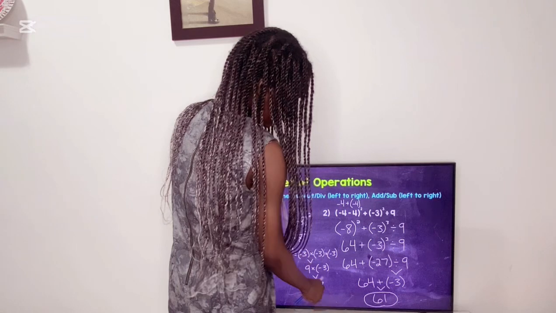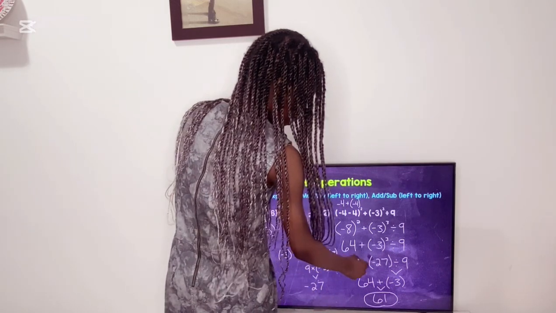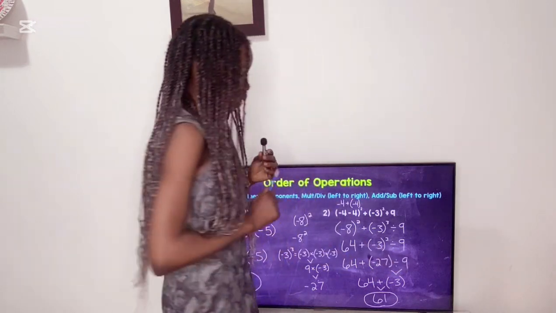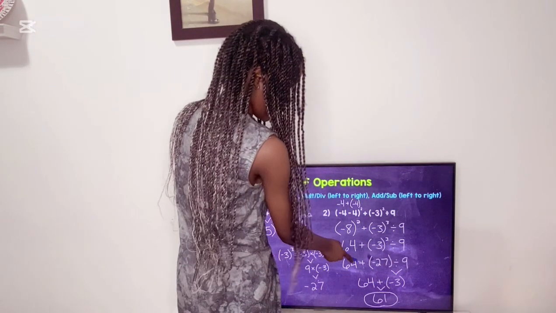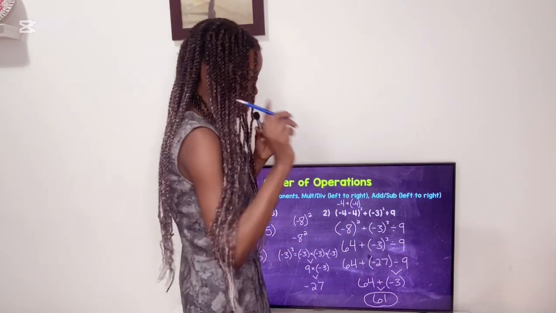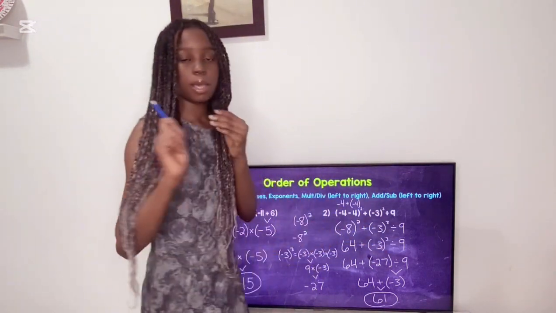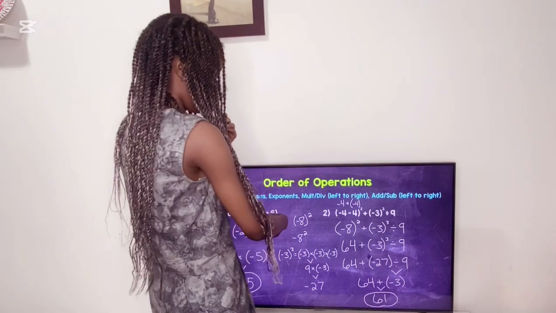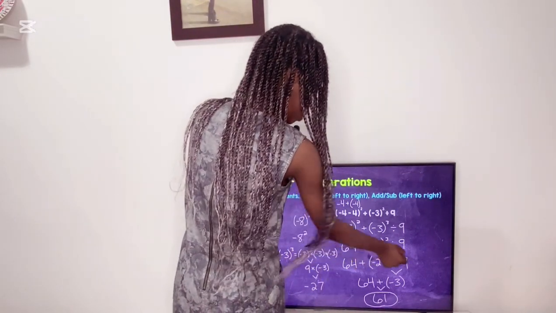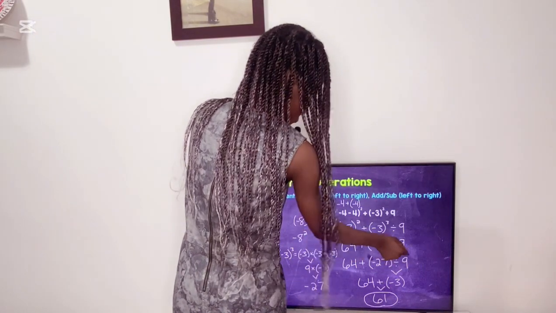Again, we'll bring down the things we haven't used. So 64 plus -27 divided by 9. So what do we have? We have an addition. So 64 plus 27 you could do. But remember, we also have division. And multiplication and division come before addition and subtraction. So we have to do these two. We have to take 27 and 9.